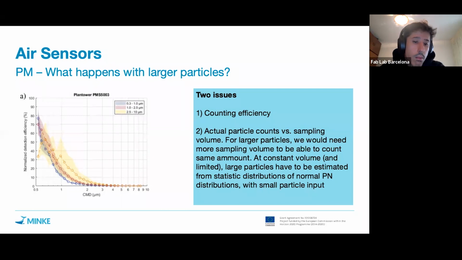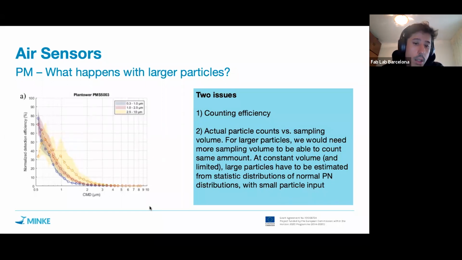Since we cannot sample an infinite amount of air, we are limited to the amount of sampling that we can do with one particular sensor. Then normally what manufacturers do for measuring large particles in these types of sensors is that they estimate based on the readings of PM1 and PM2.5.